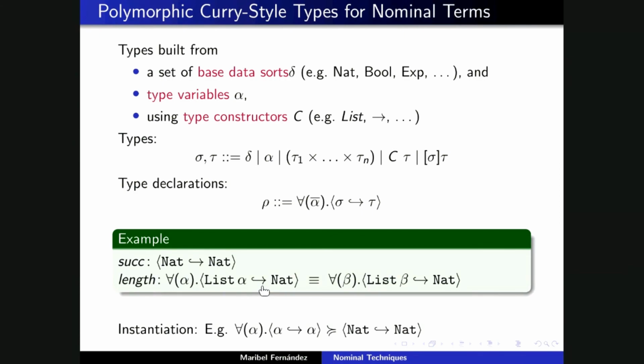I mean, this is just the standard idea of polymorphic types. So when you're using type variables, it represents a family of types that you can generate by instantiating the variables. Okay? Instantiating the type variables.